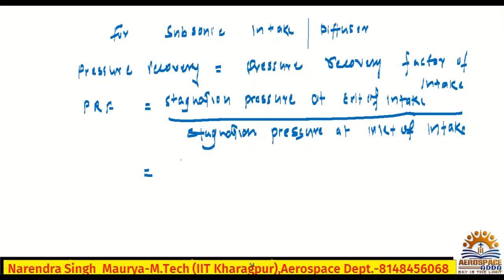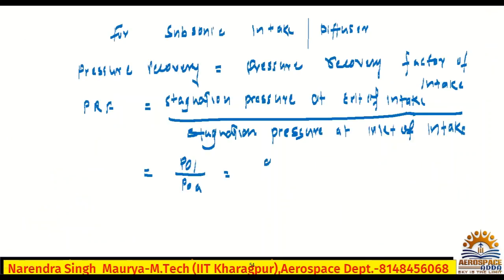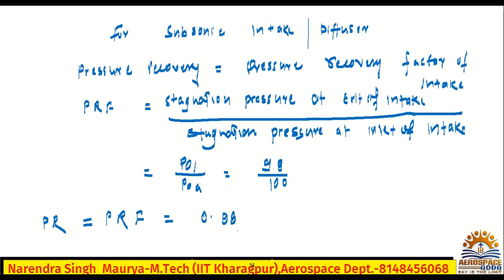It is P naught 1 as per the diagram. P naught 1 divided by P naught A, exit of intake or diffuser. All right. So P naught 1 is 98. So this pressure recovery factor, or you can say only pressure recovery, that is also true, is nothing but 0.98. No dimension, no unit, because it's a ratio.